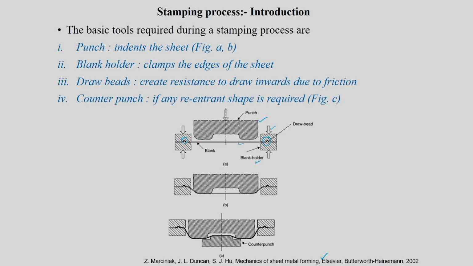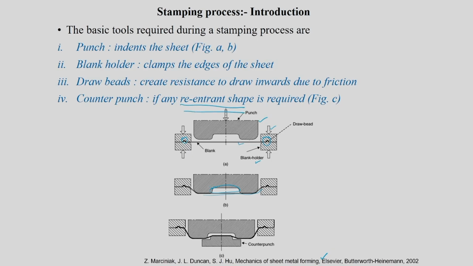Now the punch is going to move down and is actually stretching the sheet on its surface. You keep pushing down, some shape will be formed, and if you want to have a counter punch, the counter punch can also be pushed from the bottom side, and it can deform the sheet in this region, so that if you want to make any re-entrant shape, that can be made.